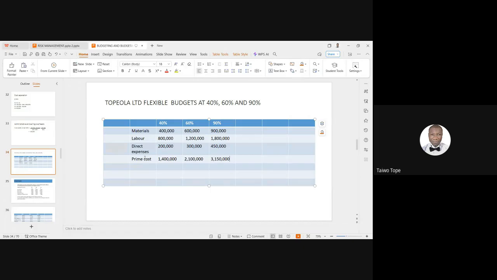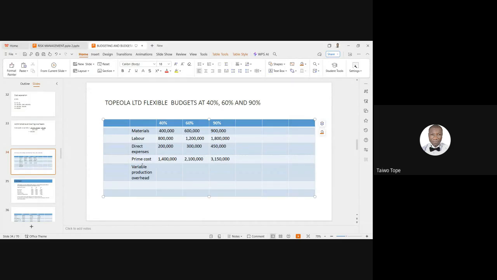Now, our variable elements, our variable production overhead at 40% will be what? I'm supposed to show it as part of my workings, but I didn't show it.